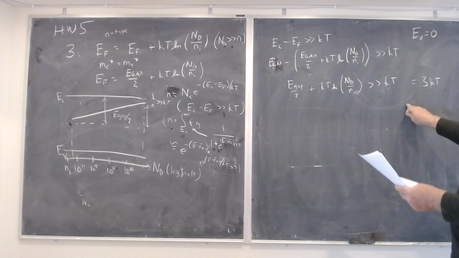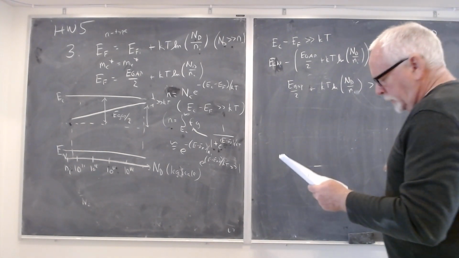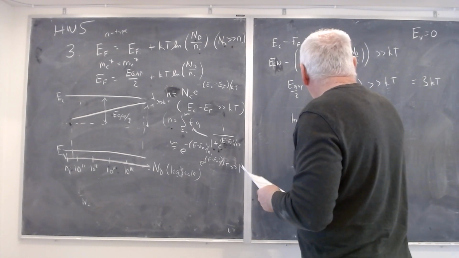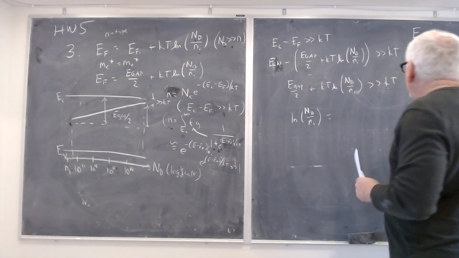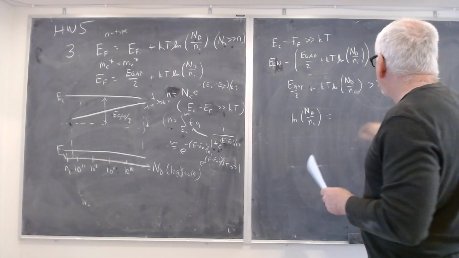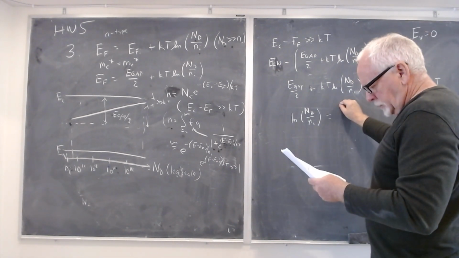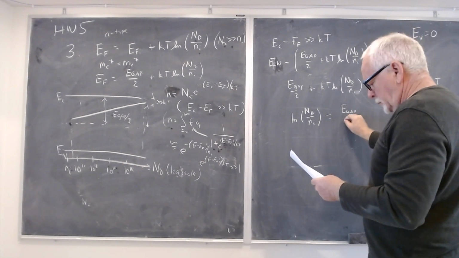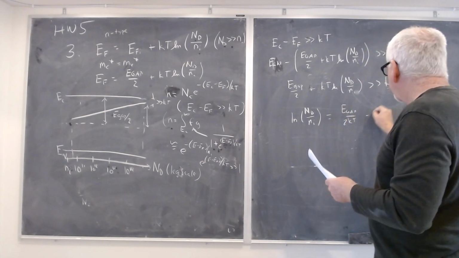So just solving this equation then, we get that ln ND over NI is equal to E gap over 2 kT minus 3.